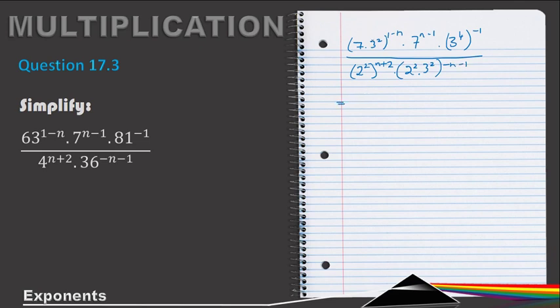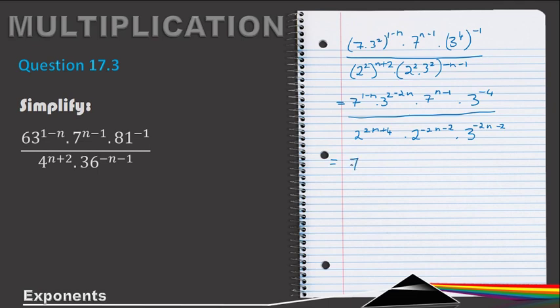Alright, so multiplying the exponents, we've got 7 to the power of 1 minus n, times 3 to the power of 2 minus 2n, times 7 to the power of n minus 1, times 3 to the power of negative 4, all over 2 to the power of 2n plus 4, times 2 to the power of negative 2n minus 2, times 3 to the power of negative 2n minus 2. And then we group.